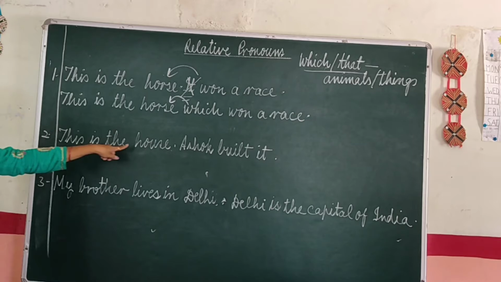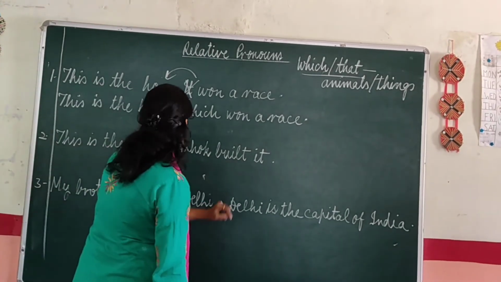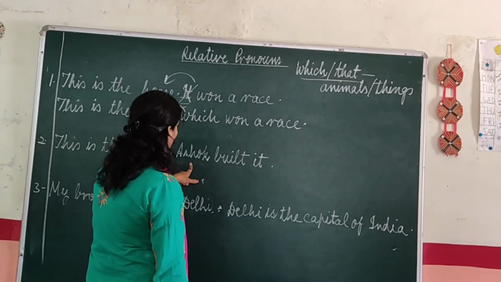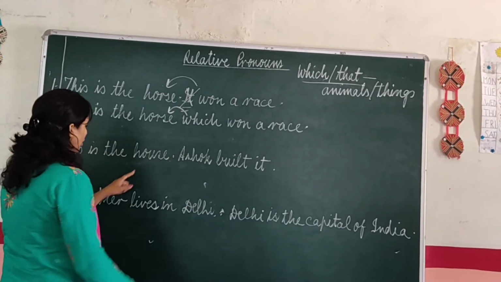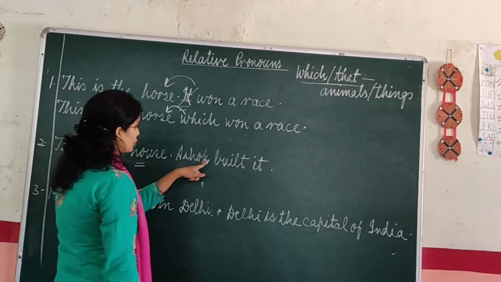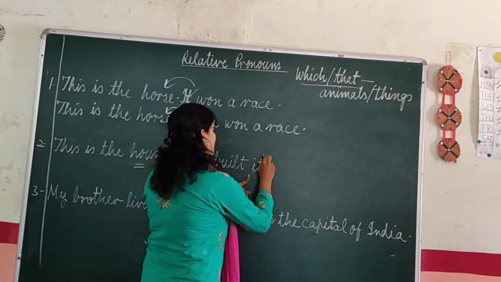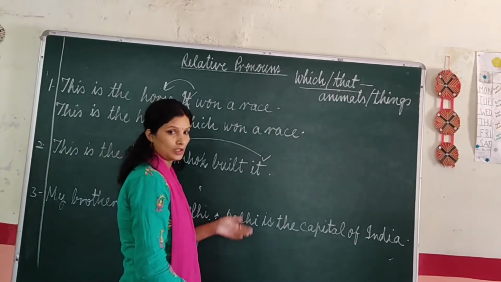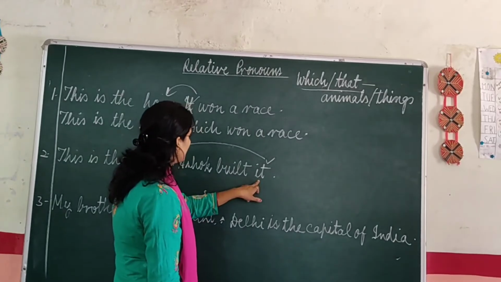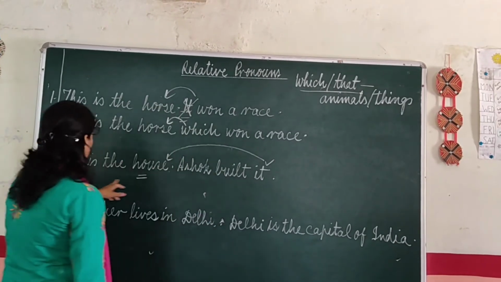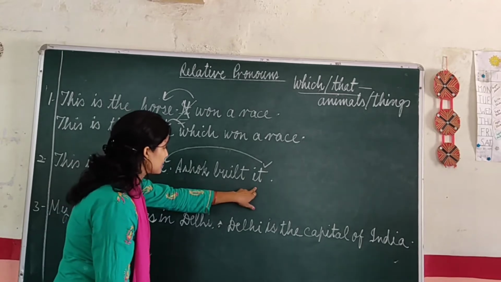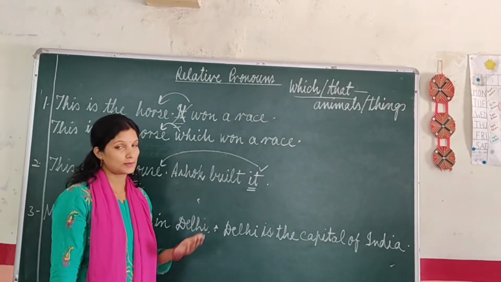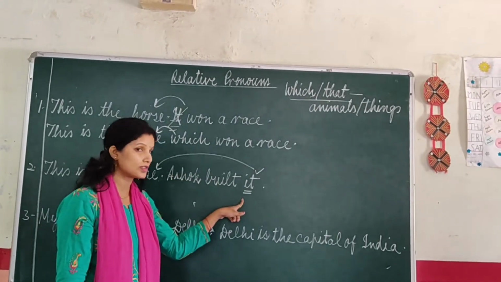Next, this is the house Ashok built it. Here two sentences are written and you can see which one is repeated, noun or pronoun. This is the house. We are talking about house. Ashok built it. And this word is used for house. It means we have to avoid repetition as the rule of pronoun is. So we have to remove it. It is used as object, and you know in subjective case and objective case we have to write it as it is.